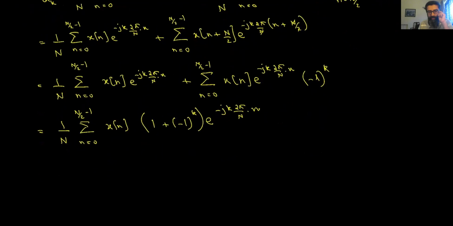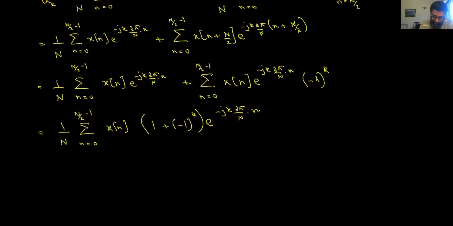And from here you clearly can see, yahan se bhi, so this implies when k is odd, a k equals 0. That's something you can clearly see. When k is odd, this is 1 minus 1, this becomes 0, and this goes to 0. Okay? What about when k is even?